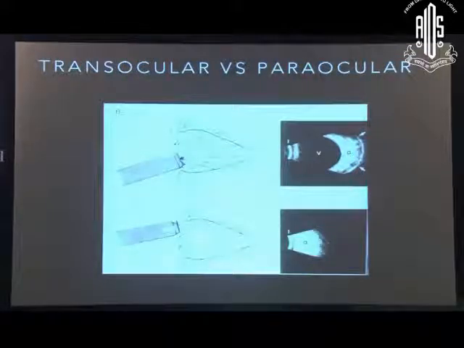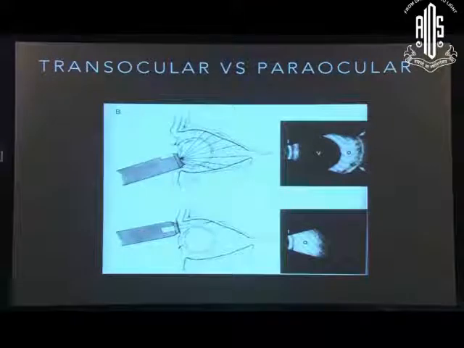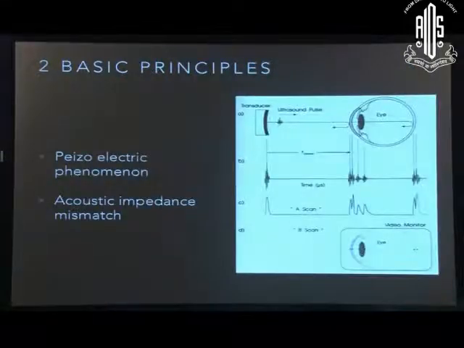And you can do this either transocular. Here you have the probe over the eye, and the transocular scans help you to study the eye as a whole, the posterior segment and the posterior orbit. If you bypass the globe by keeping your probe away from it, you can study the anterior orbit either superiorly or inferiorly. Here you are bypassing the globe.